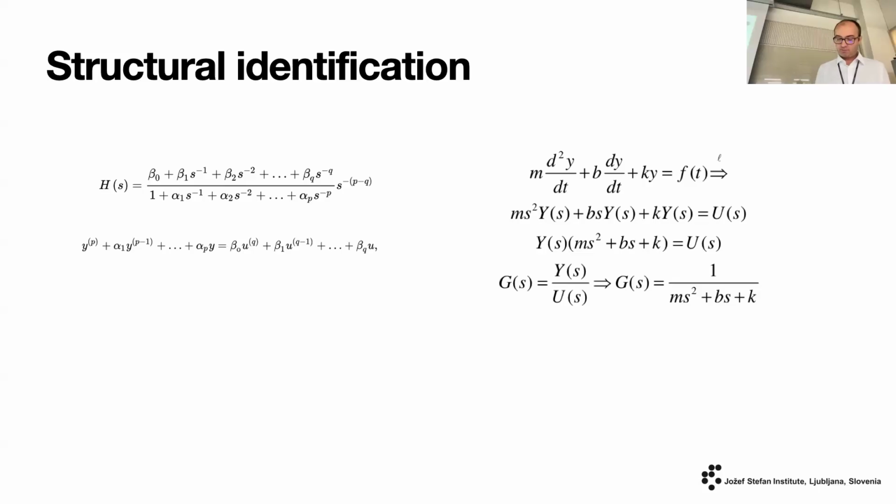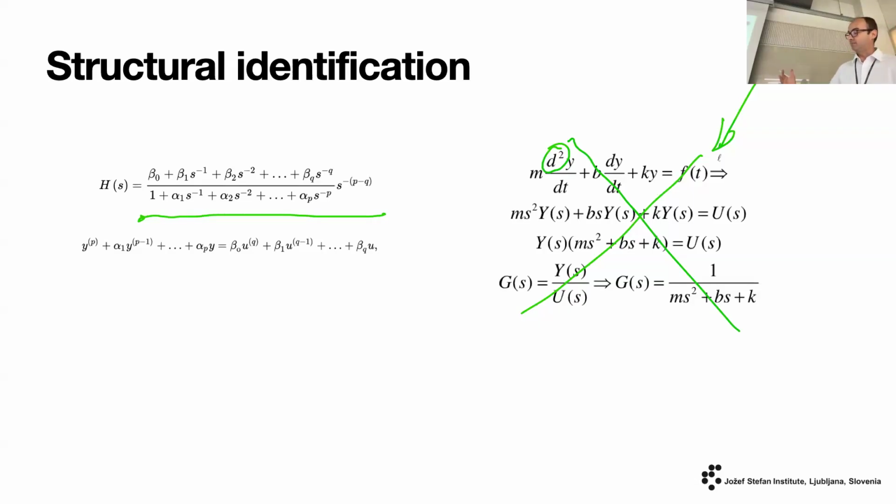Previously, with our pendulum, this mass spring damper example, we knew the governing differential equation, and it is of second order. But if we assume that we do not know the system, which for practical reasons is always the case, we have to assume a transfer function that accommodates a quite complex system. So it has p poles and q zeros.